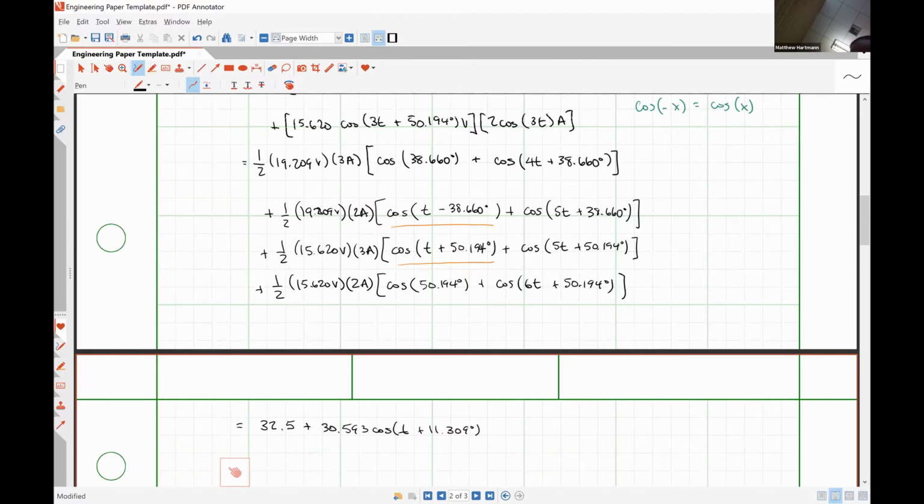Our 4 term is going to be 0.5 times 19.209 times 3, which is 28.814 cosine 4t plus 38.660 degrees.